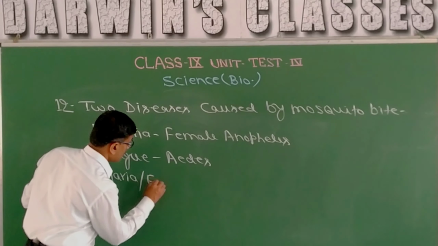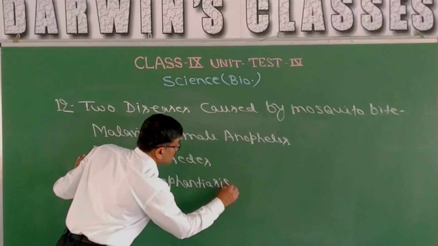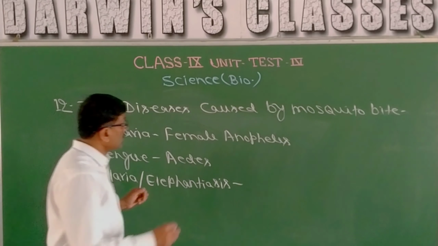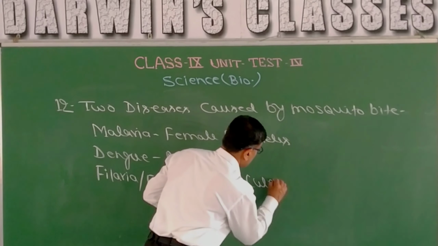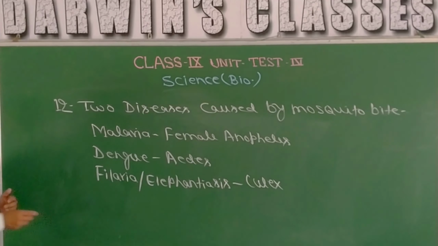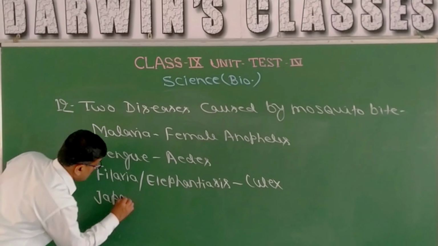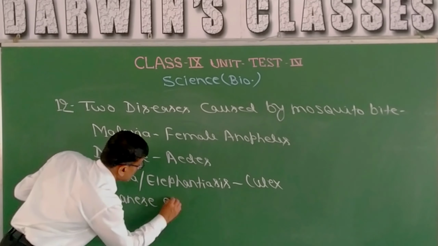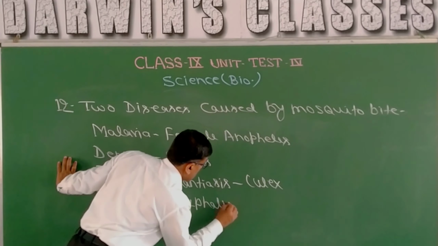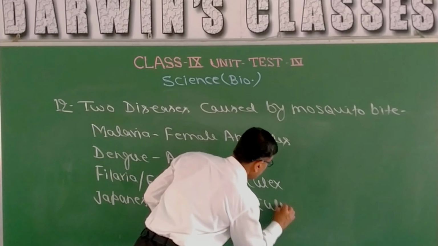Filaria or elephantiasis, and that is caused by the bite of the Culex mosquito, which is the vector. And another disease, Japanese encephalitis, again caused by Culex.